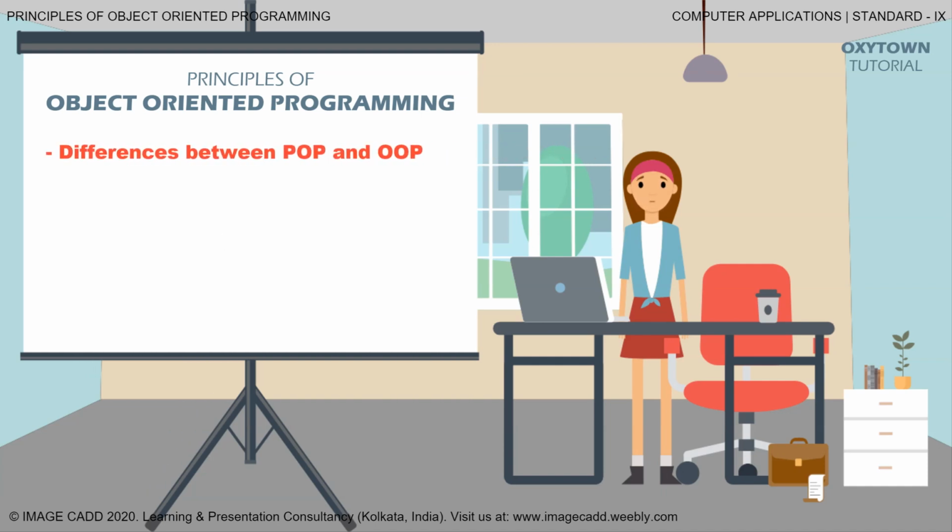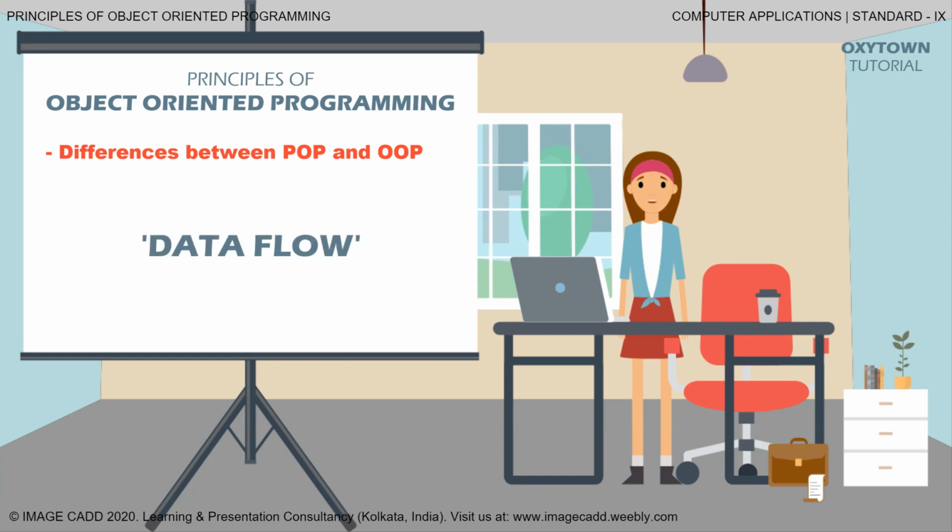So, our third subtopic, differences between procedure-oriented programming and object-oriented programming. First, POP follows top-down approach, whereas OOP follows bottom-up approach. Second, POP emphasizes on functions, whereas OOP emphasizes on data items.